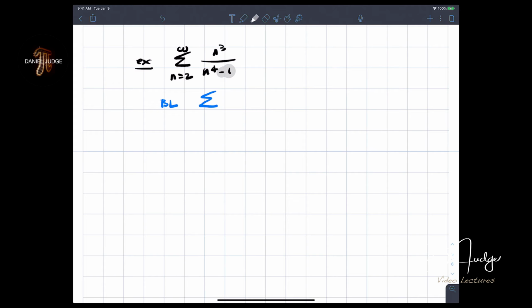Because I know n is changing value, it's a variable, 2, 3, 4, and so on, but if you get rid of the constant terms, it's very similar. And that will give us n cubed over n to the 4th. And so if you use a little algebra, you go, oh, is that 1 over n? Yes. And what do we know about this? This is the very famous divergent harmonic series.